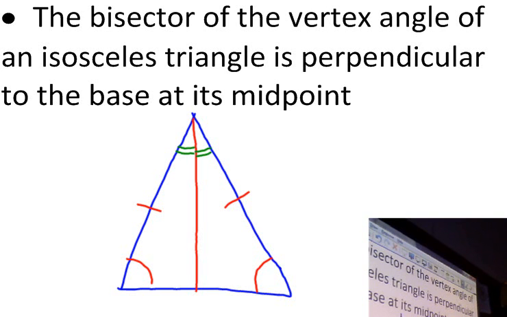Now looking at that, does anybody see a quick and easy way that we can prove that these two triangles are congruent? I see two ways actually. What do you see? Let's go in order. Ready?